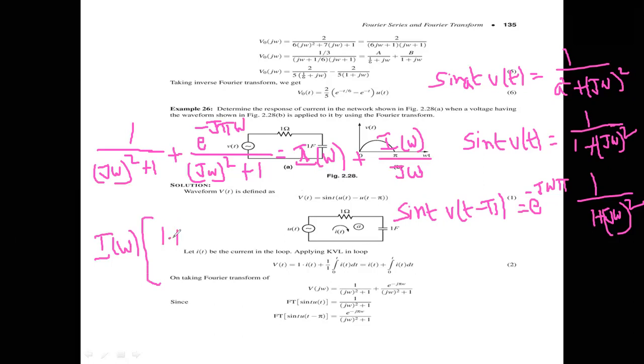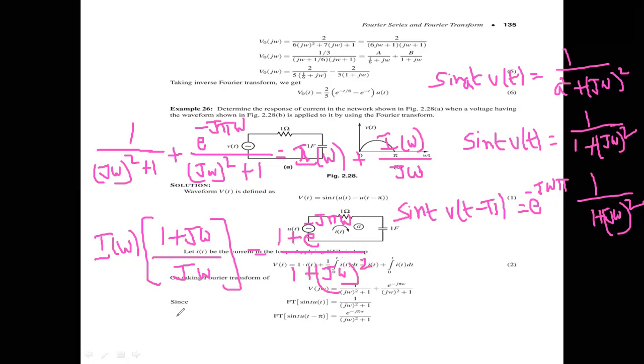1 plus j omega by j omega is equal to, here also you take that 1 plus e power minus pi j omega whole divided by 1 plus j omega whole square.